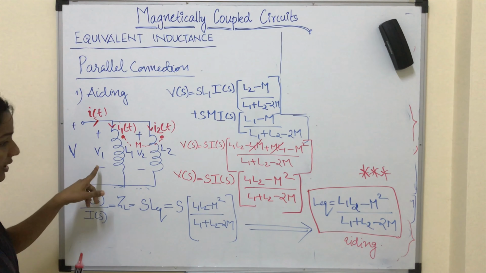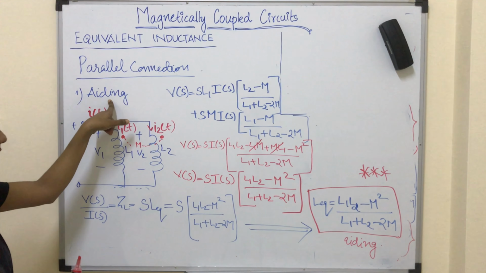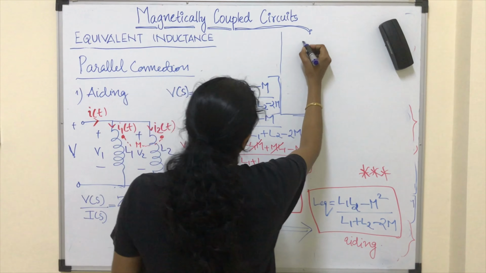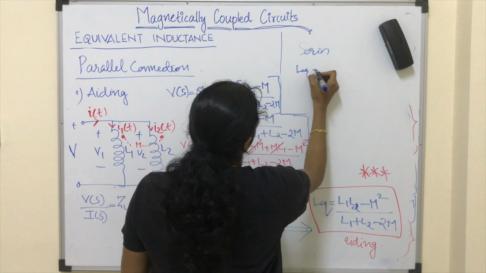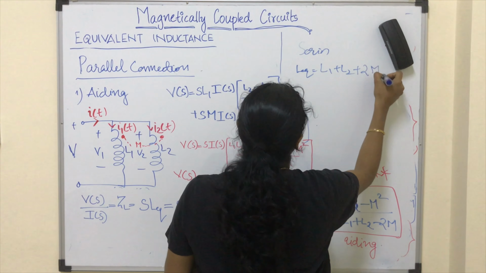But you have to take care of one thing: in series connection, we get L equivalent as L1 plus L2 plus 2M for aiding connection.